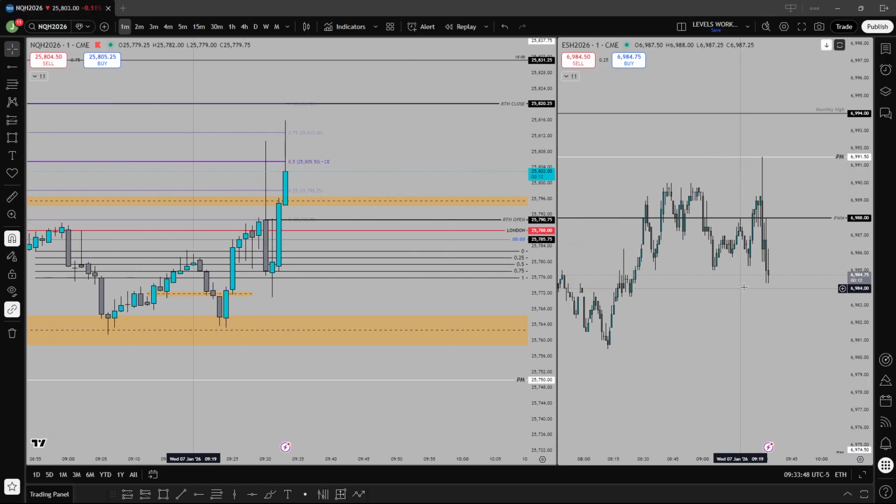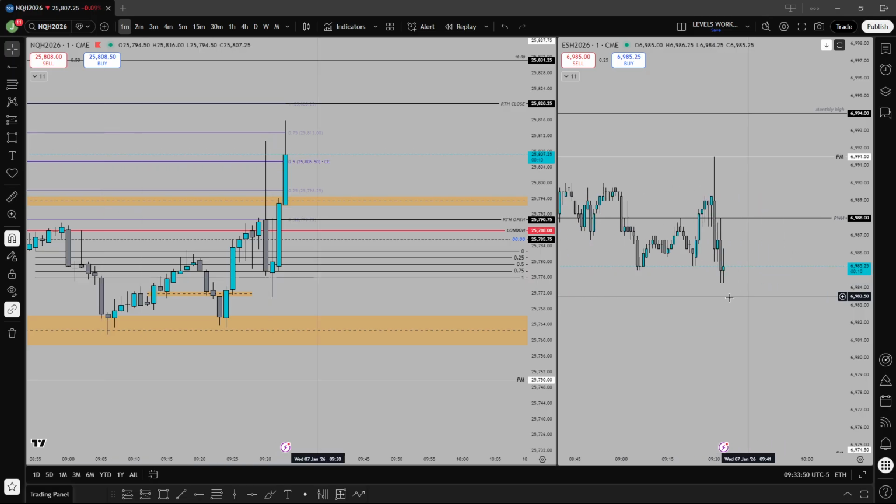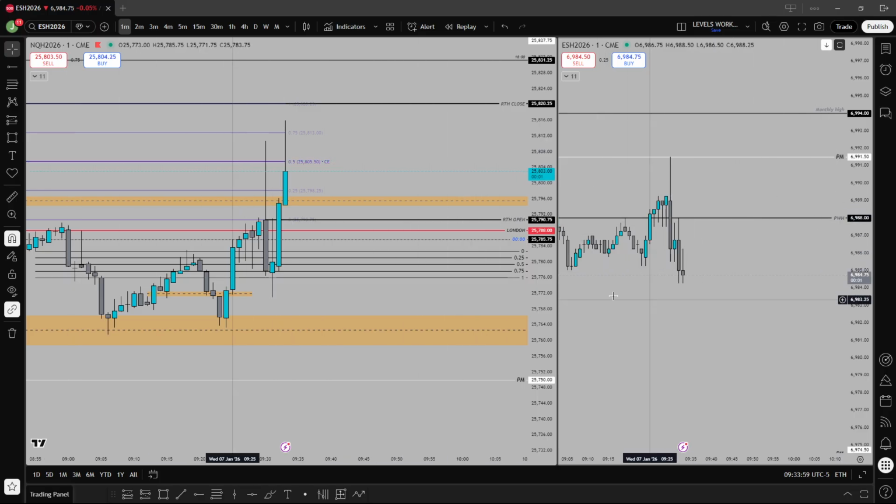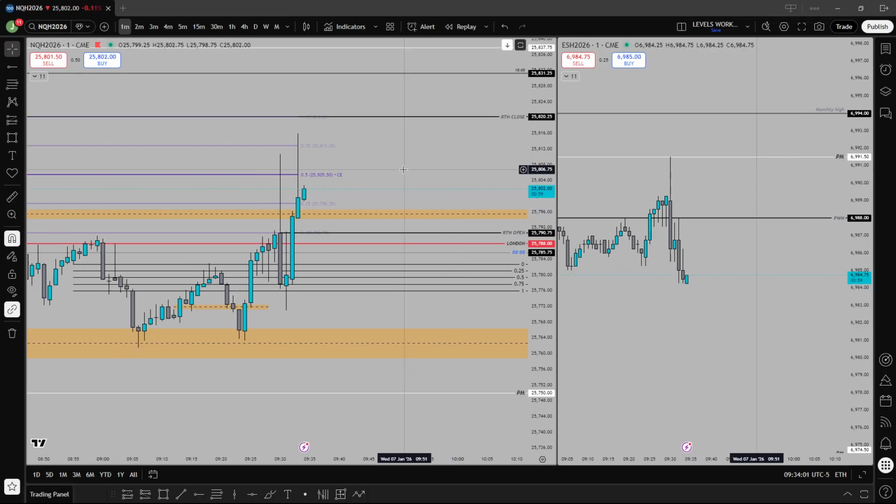ES is pretty bearish. Makes sense because ES has already tapped the previous week's high. I'm watching this wick.